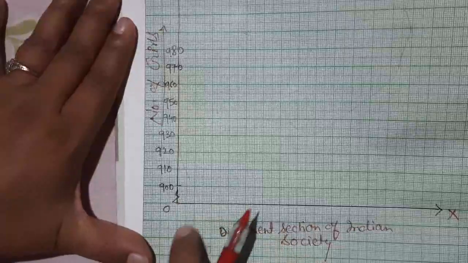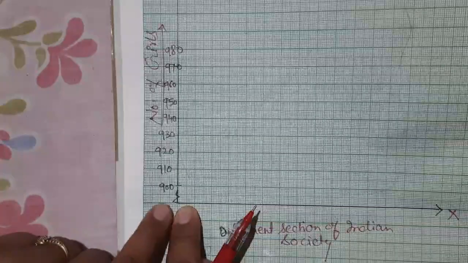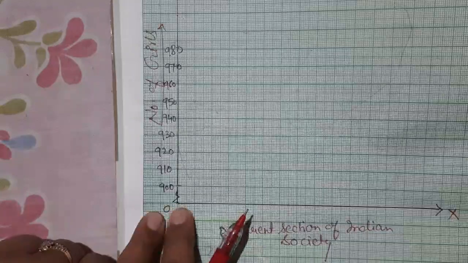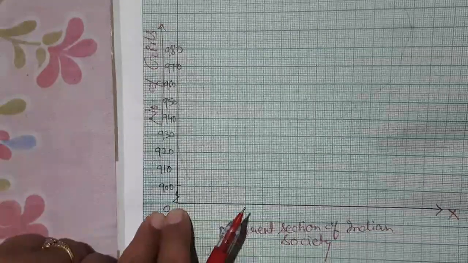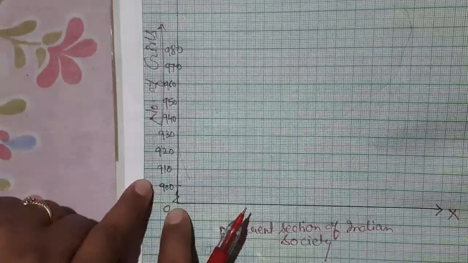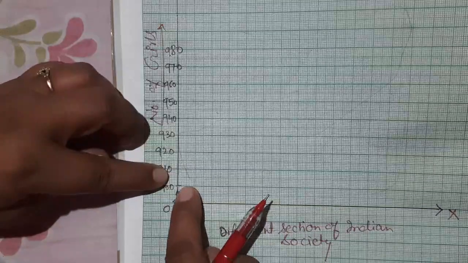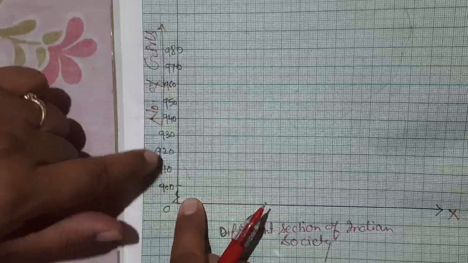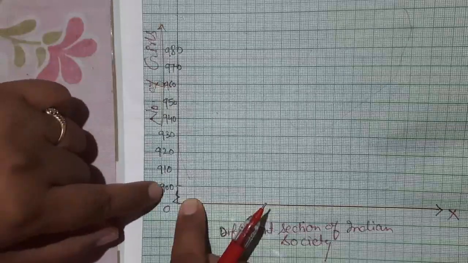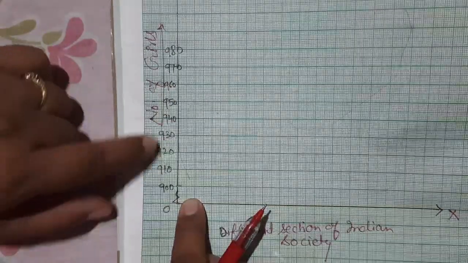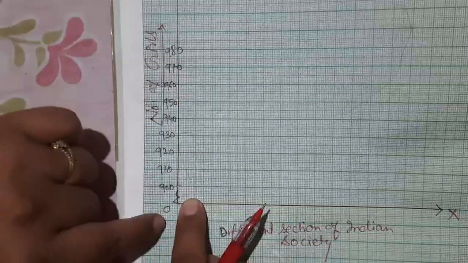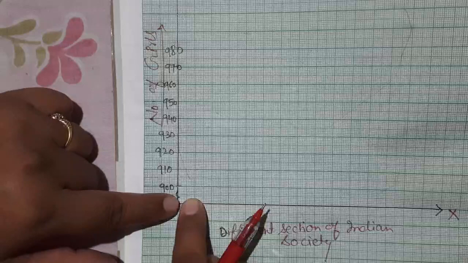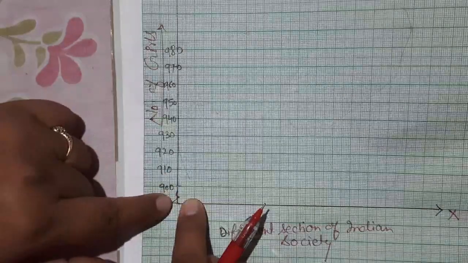Now you are seeing a specific symbol here. This is called a kink. This is our 0, and after that we are starting at 900. So this first square box gap is very different from the others, because 900, 910, 920, here it is a gap of 10, but in the beginning it is a gap of 900. From 0 we are jumping directly to 900. That's why I have put a kink over here.